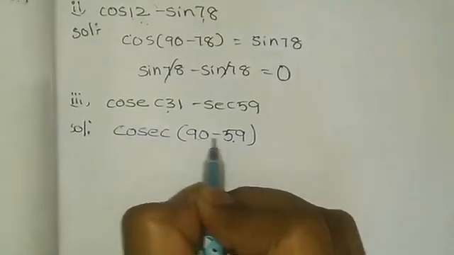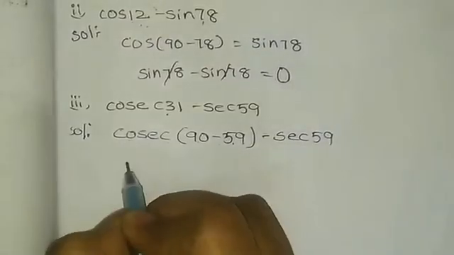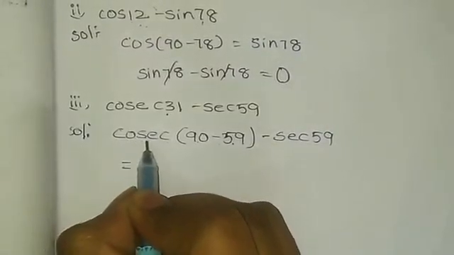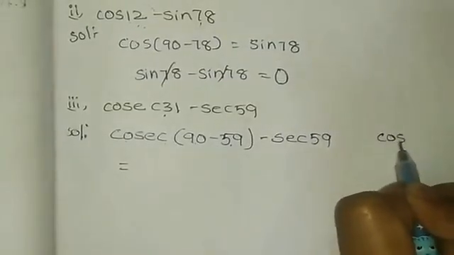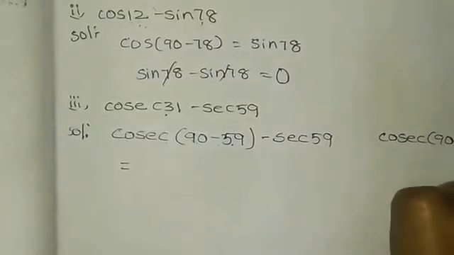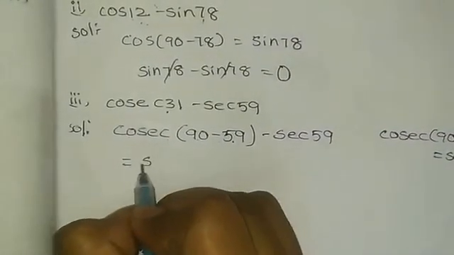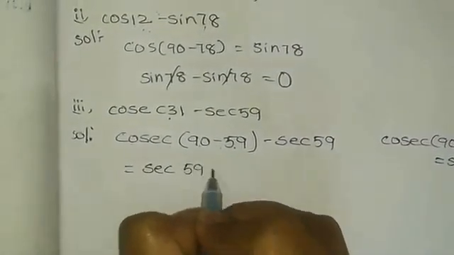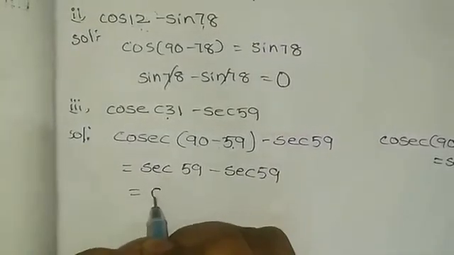So cosecant 90 minus 59 minus secant 59. Here we can apply the formula cosecant 90 minus x is secant x. So secant 59 minus secant 59. So the answer is 0.